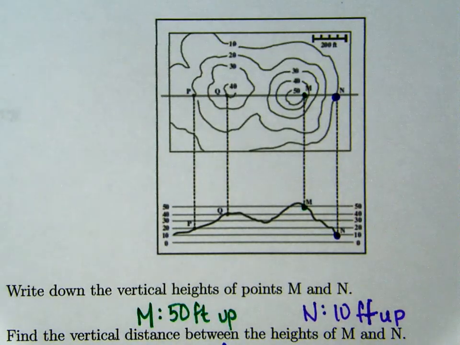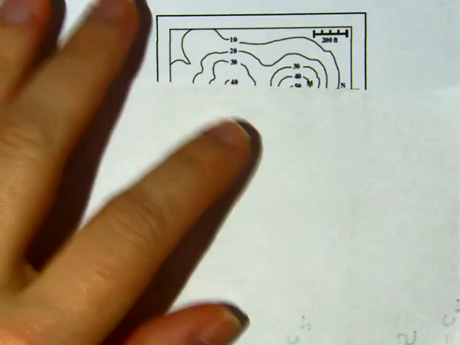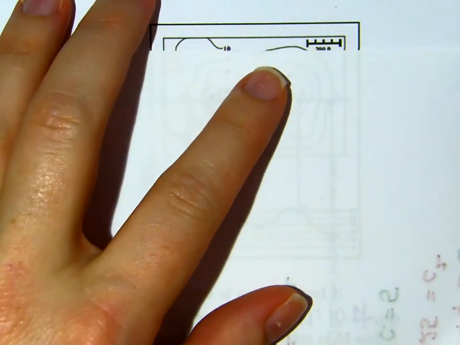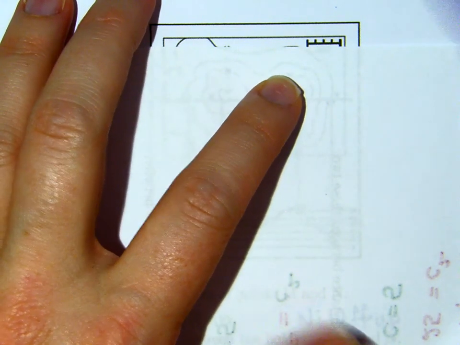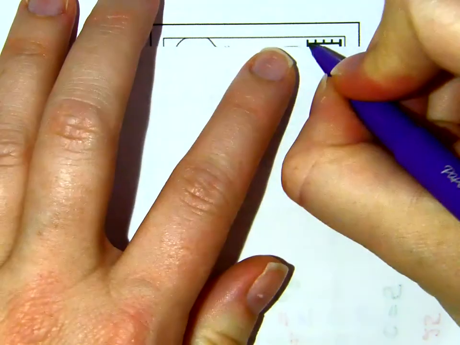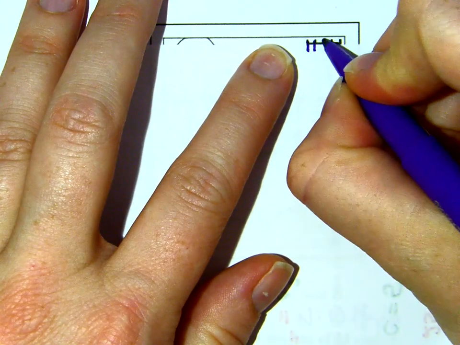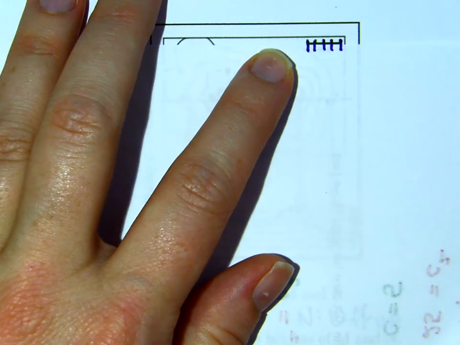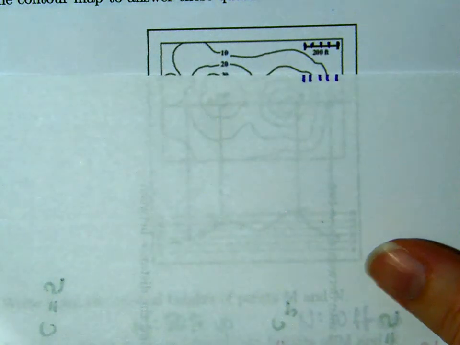Right. I am going to need to write that scale on a piece of scratch paper. Okay, so here's my scratch paper. And I know that this is 200 feet, but I'm actually going to draw the whole thing. Let's see if I can copy this. What are these, like 50s? Because this is 200 feet.